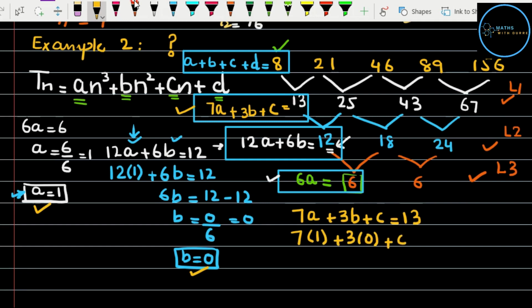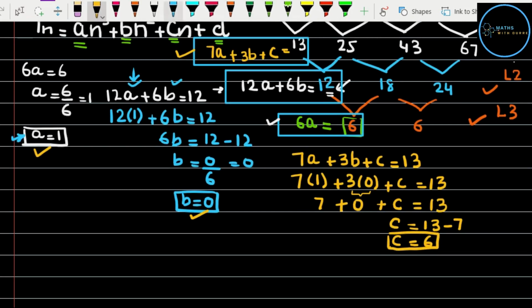Keep c as it is because it will help us calculate c. 7 plus 0, because anything you multiply with 0, you get 0 back. So 13 minus 7 is giving us what? 6. So here c is 6.